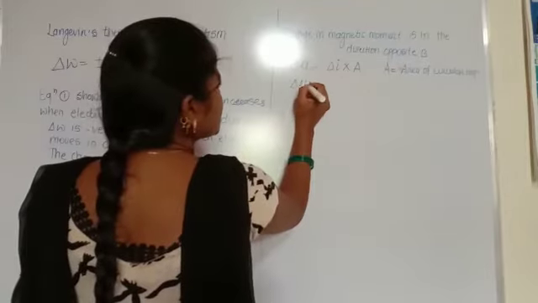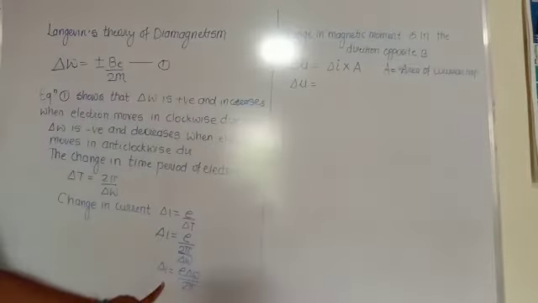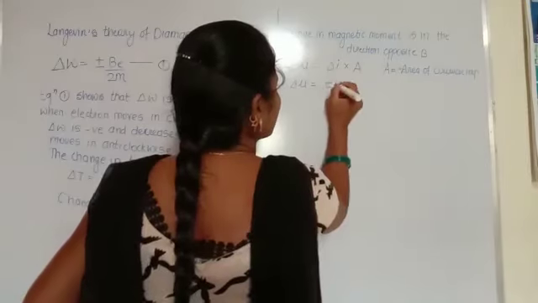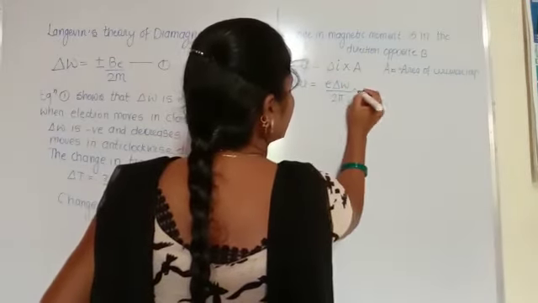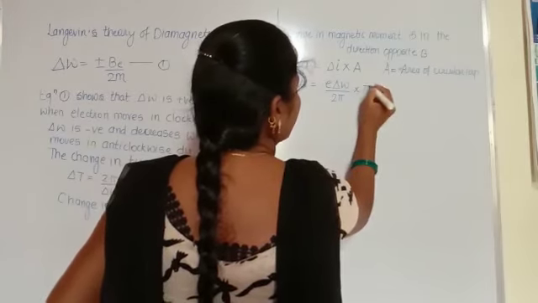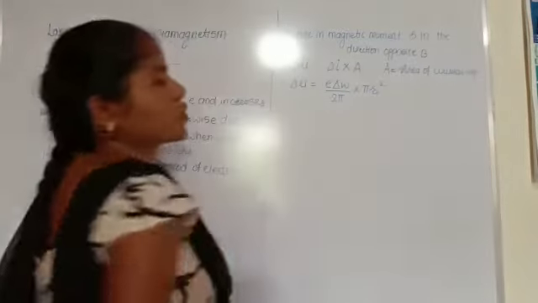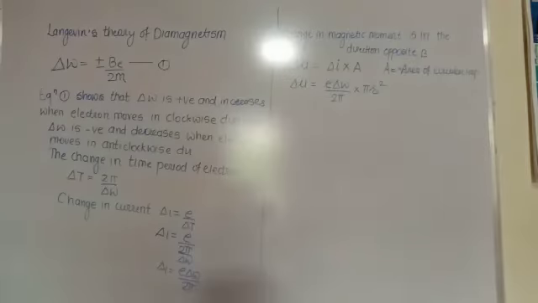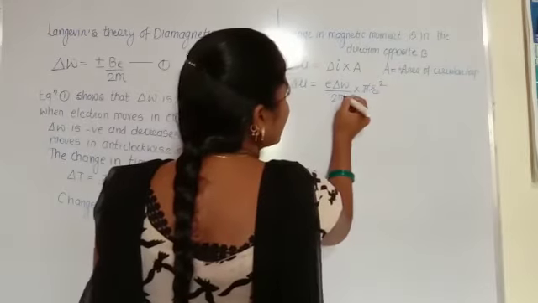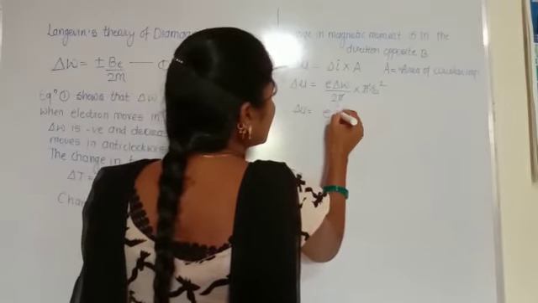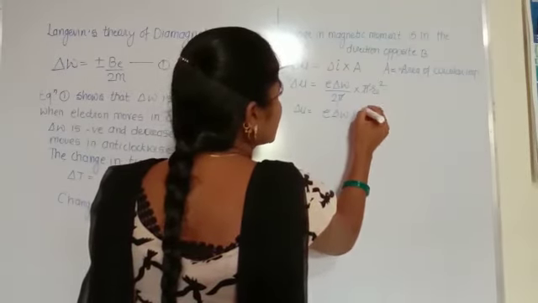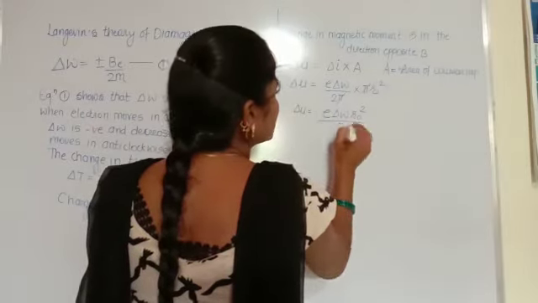Therefore delta mu equals the value of delta I, that is e delta omega divided by 2 pi, into pi r0 square. Here r0 is the radius of the circular orbit where the electron moves. In this expression pi and pi cancel, so delta mu is equal to e delta omega r0 square divided by 2.